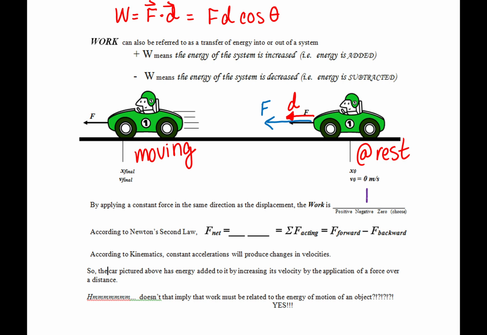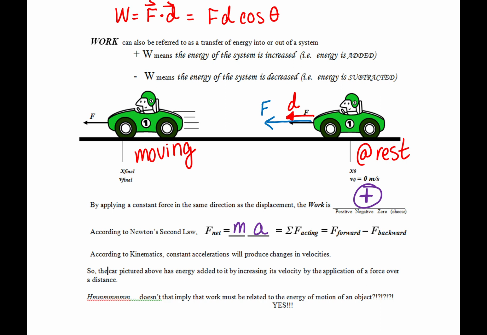Positive work, absolutely. The force and the displacement are in the same direction, so we can say that it does positive work. And I'm assuming in the depths of your mind, you still know that Newton's second law means F net equals ma. Net just means sum, which when we're dealing with forces, when we're dealing with vectors, we separate into forwards minus backwards, or one direction minus the opposite direction.